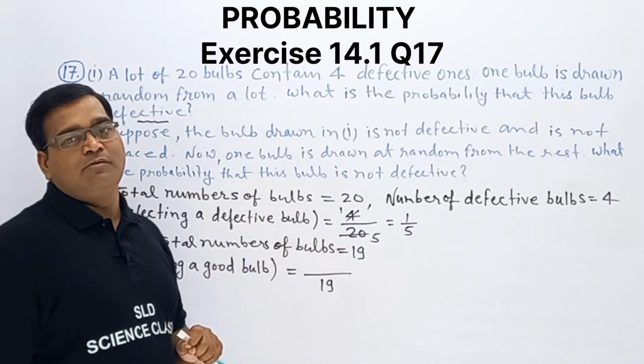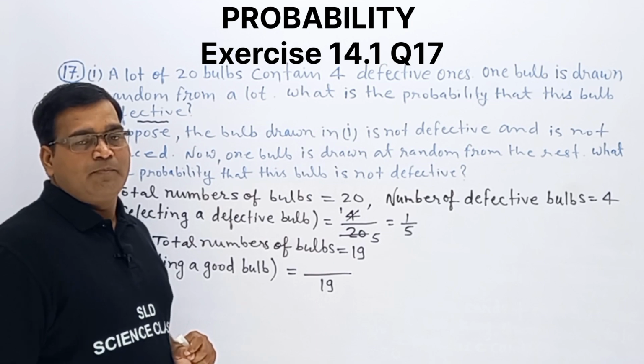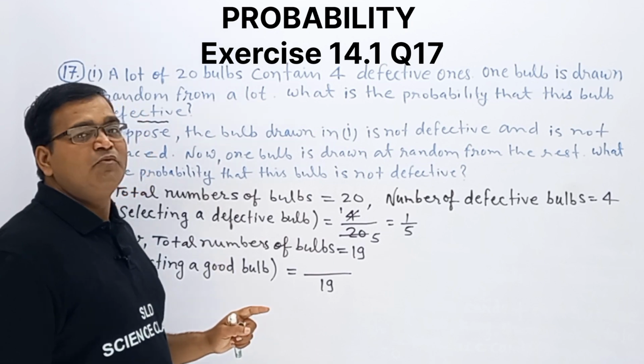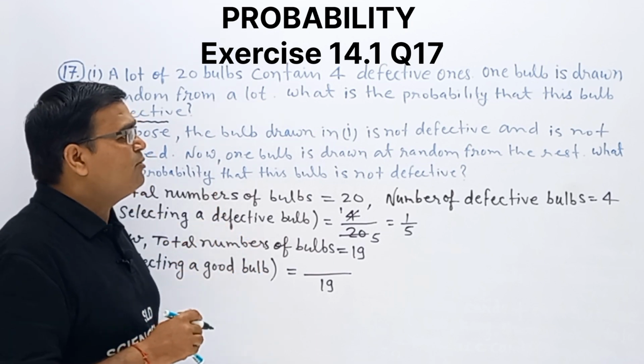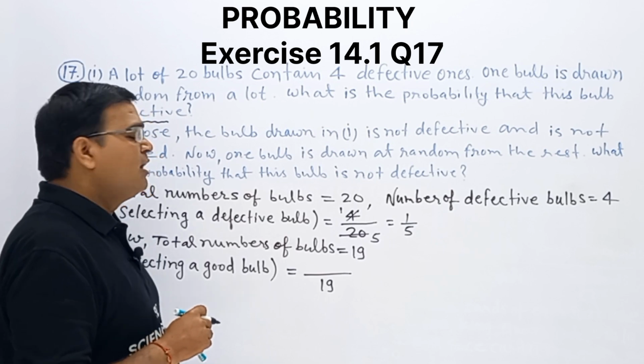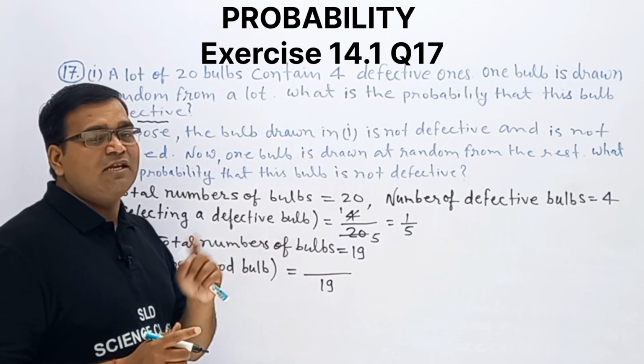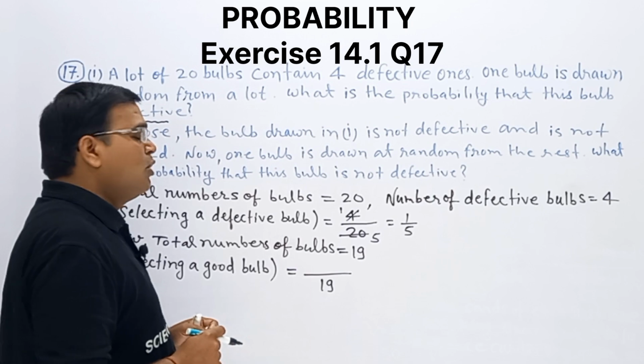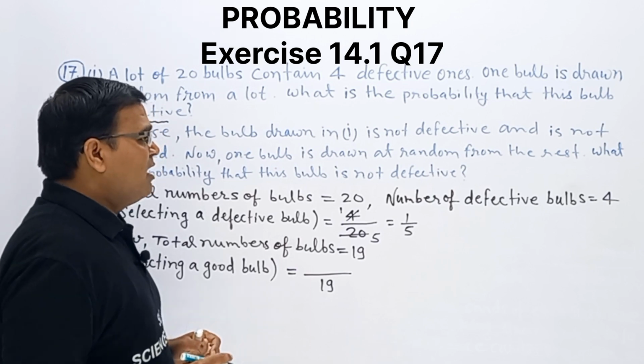In 19 bulbs we are having 4 defective. It means remaining 19 minus 4, 15 will be what? Good bulbs.